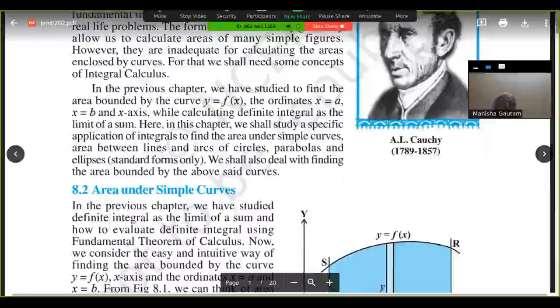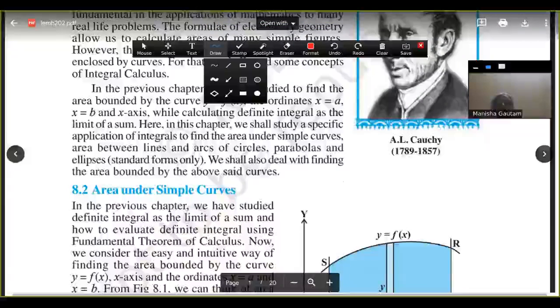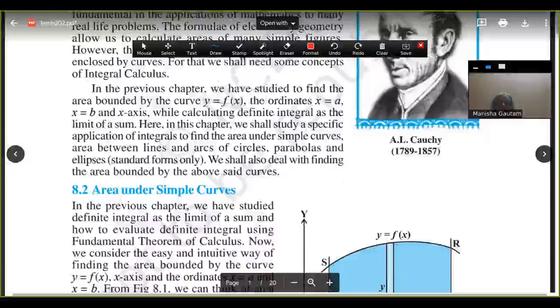Here we will use the concept of integration and find how to find out the area of the given figure.